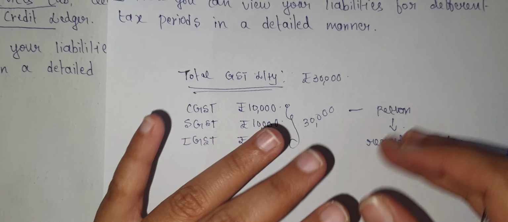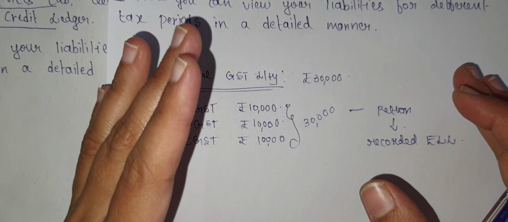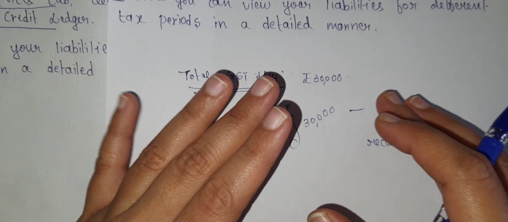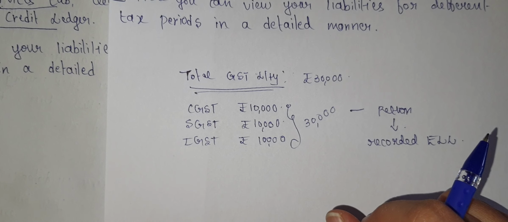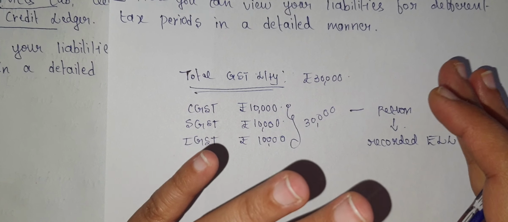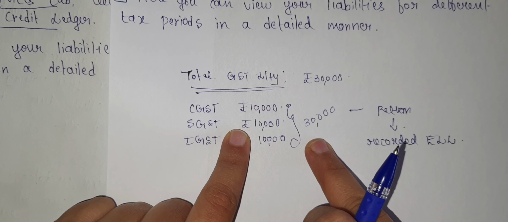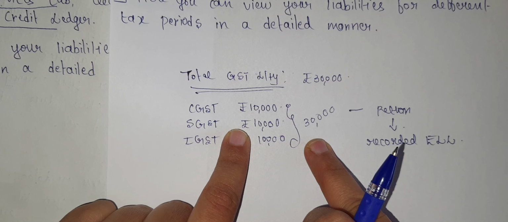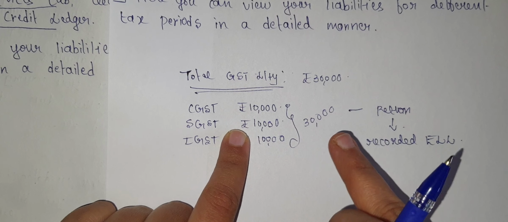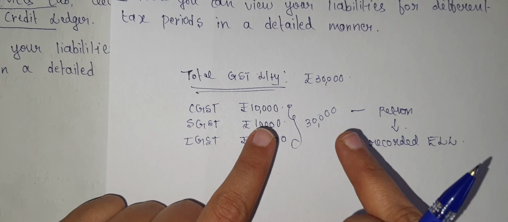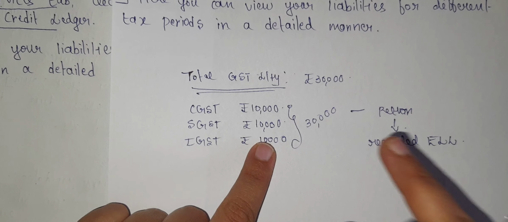Now you have to make the payment of rupees 30,000. For that you have to use your electronic cash ledger. Let's say you deposit rupees 30,000 into the cash ledger. In the electronic cash ledger class, I have explained this in a very detailed manner. Please watch that class.